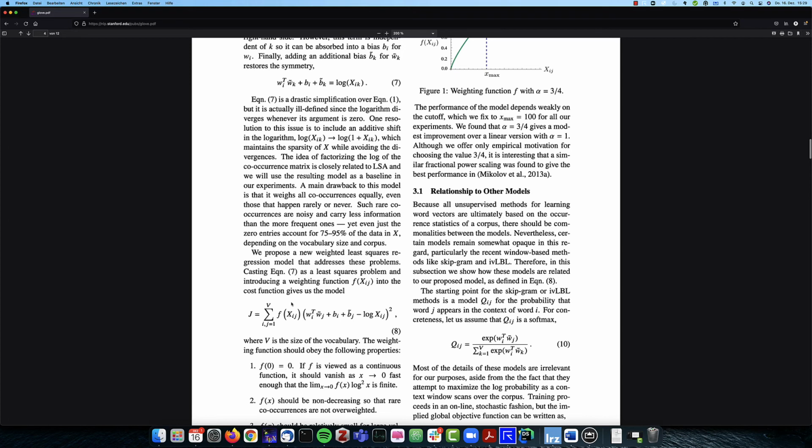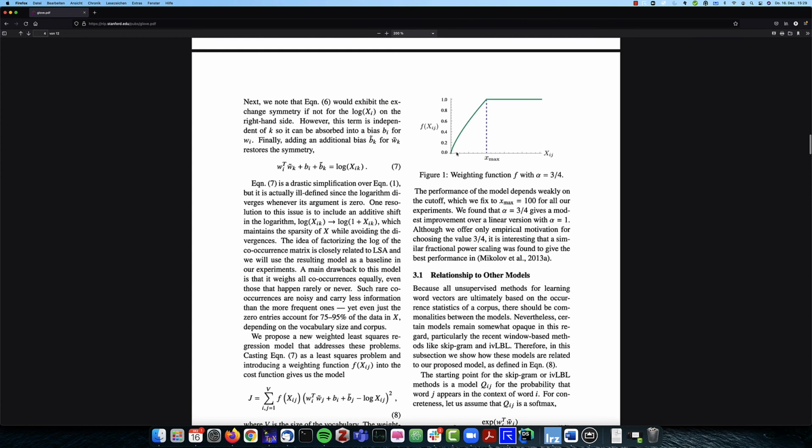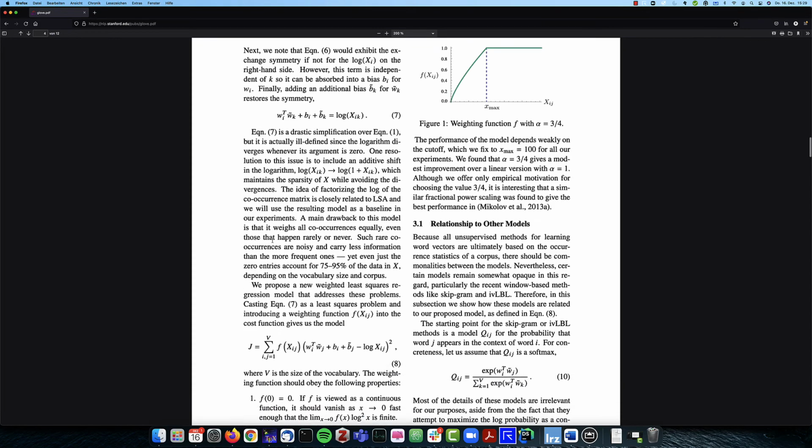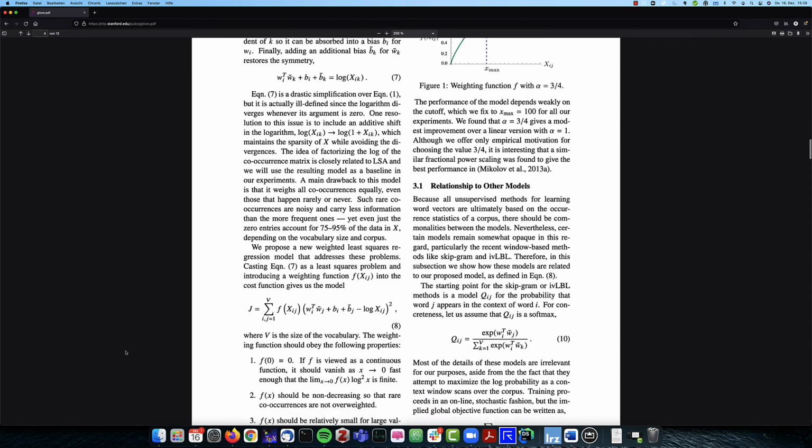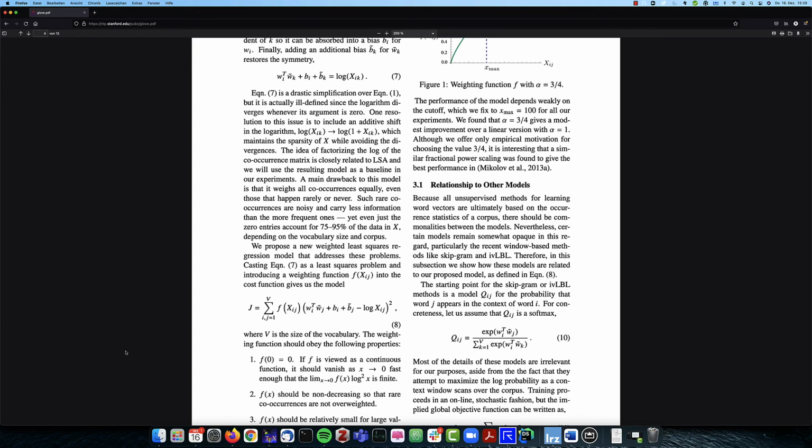The weighting gives smaller weights to low co-occurrences, and if the occurrences are rather large, the weighting is capped, such that we do not have a model that is completely dominated by very frequent word co-occurrences.